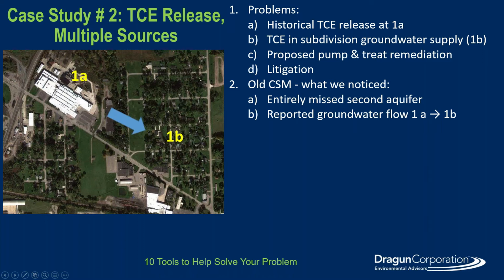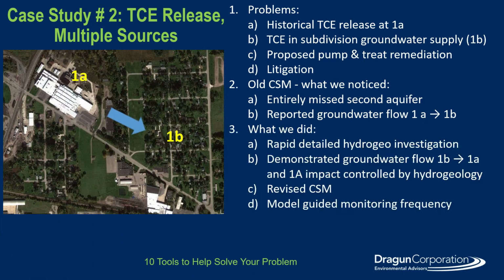They thought all the permeable material was one aquifer, where in fact there were two aquifers. They reported the groundwater flow from 1A to 1B, and the groundwater velocity was moving unrealistically fast.